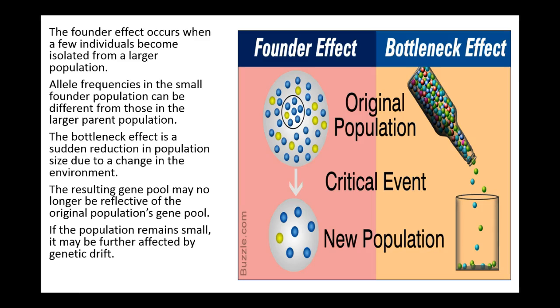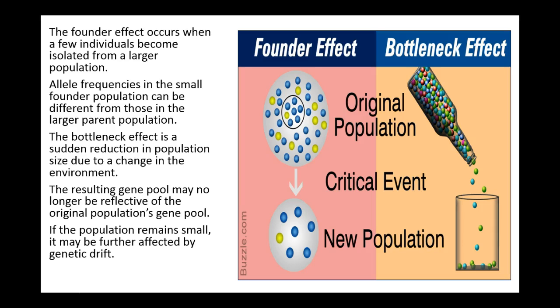The larger population was more 50-50 blue and yellow marbles. So the founder effect can lead to a population that is eventually very different from the population it came from, because the gene pool has now been shifted toward whatever those blue marbles brought with it.